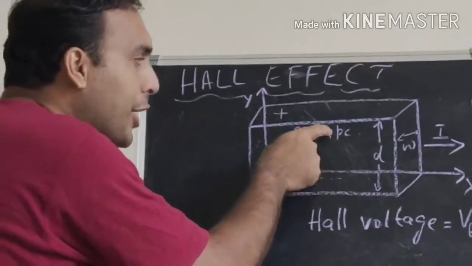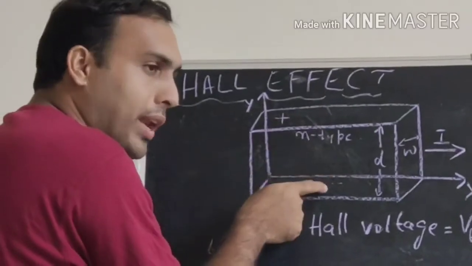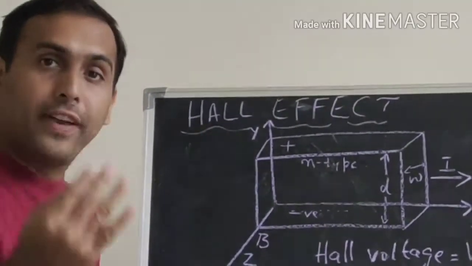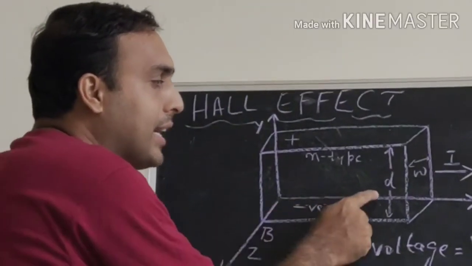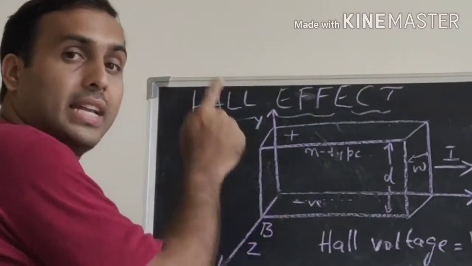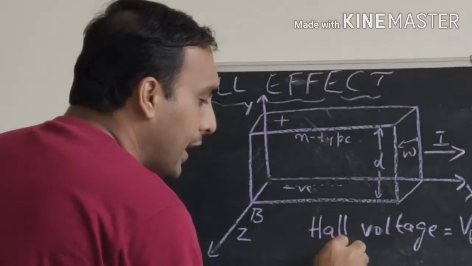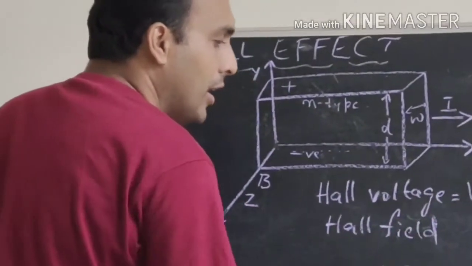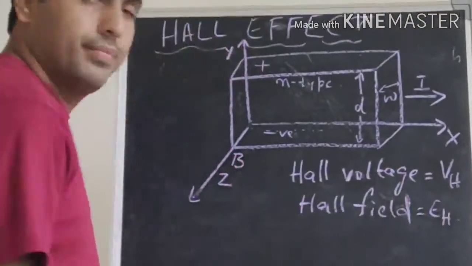This negative potential developed between the upper end and the lower end establishes another field which is perpendicular to the direction of the magnetic field and the current flow, that means along the y direction, and that field is called the Hall field, denoted as EH.